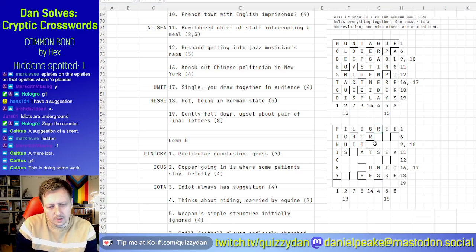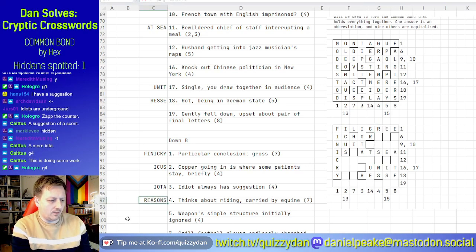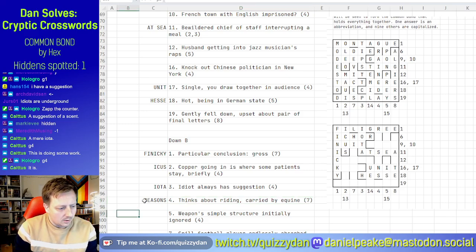Wheel of Fortuning it. So let's have a look. Because we've got a Rowan, no. Thinks about his reasons. Riding. If you're riding, you're on.